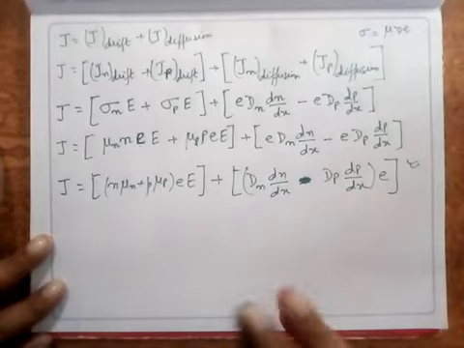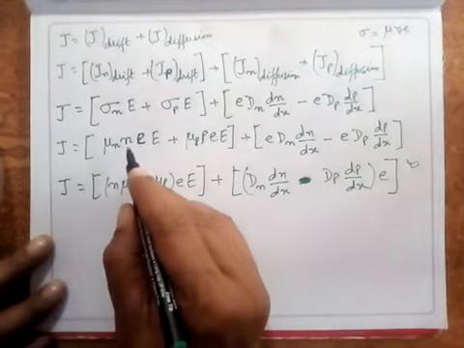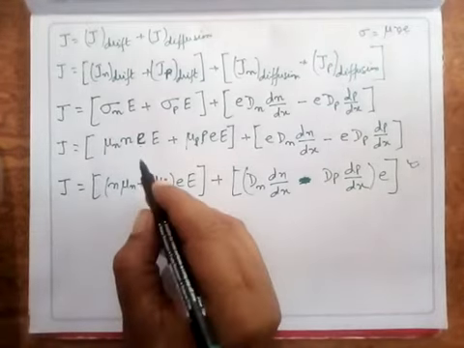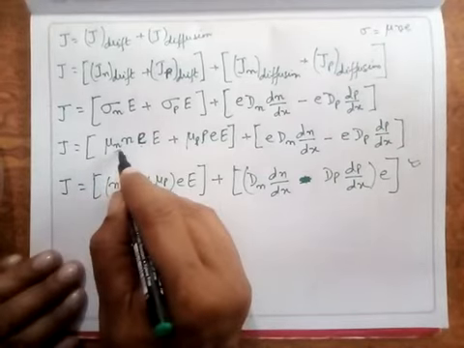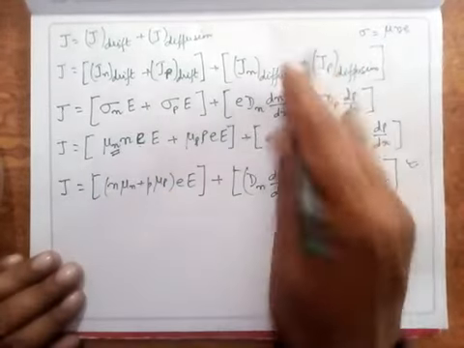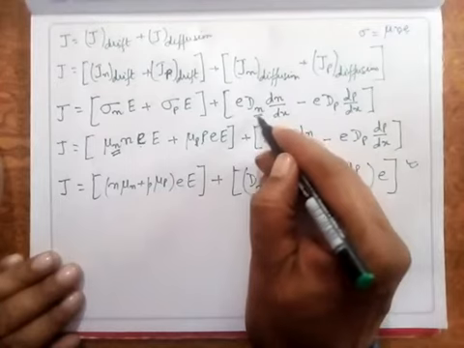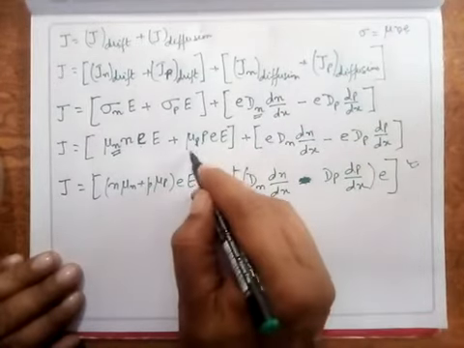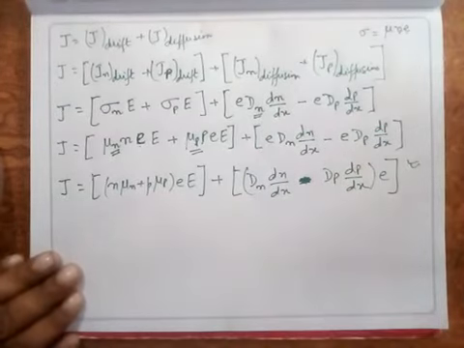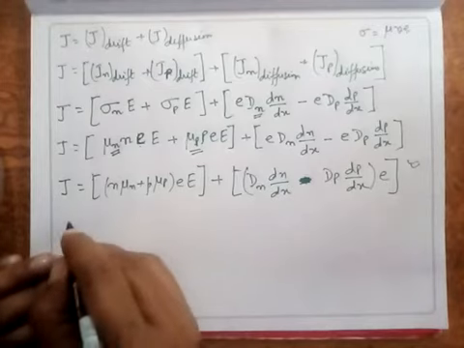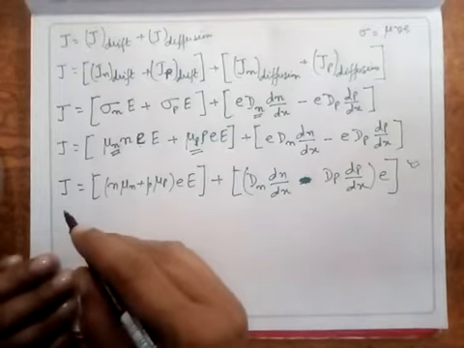Now one more thing, if you observe, in case of drift current, the constant is this mu. And in case of diffusion current, the constant is this DN or DP. Here it is mu n or mu p. Now there is a relationship that is called Einstein relationship.